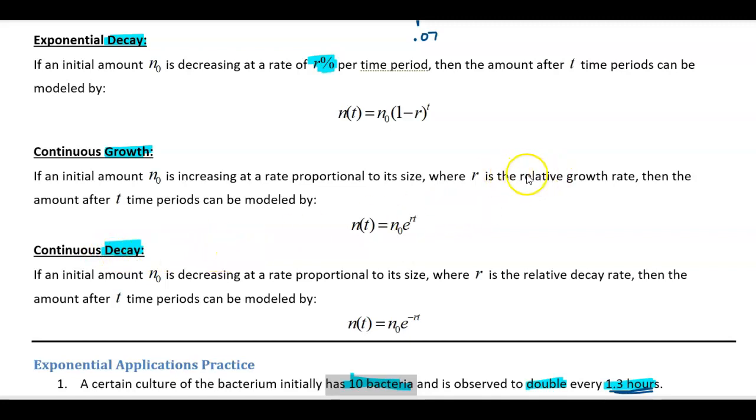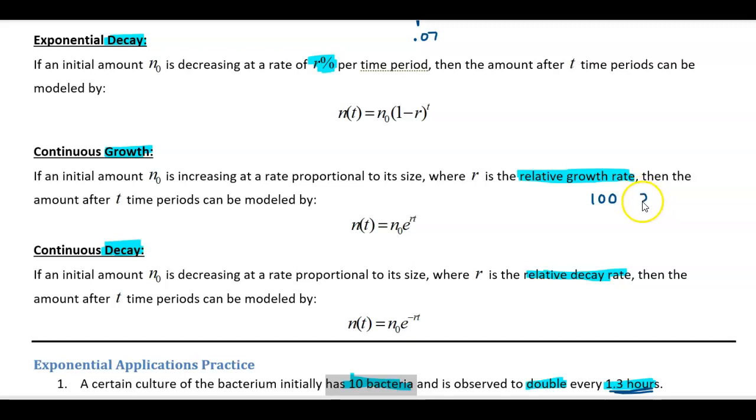Continuous growth is a situation where you are building off of previous growth. And what you'll see a lot of times is they'll use wording like relative growth rate or maybe relative decay rate. And like I said, this is where it's proportional to its size. So let's say you start with 100 bacteria, and you have a relative growth rate of 2%.